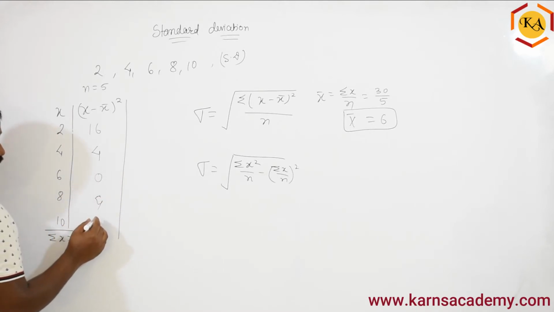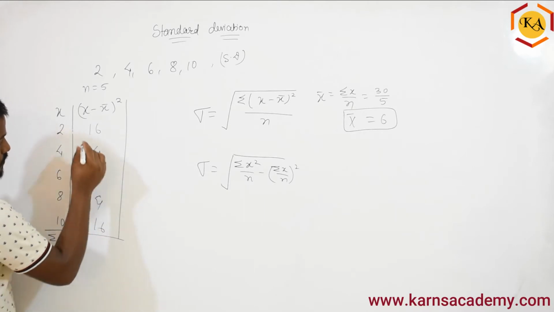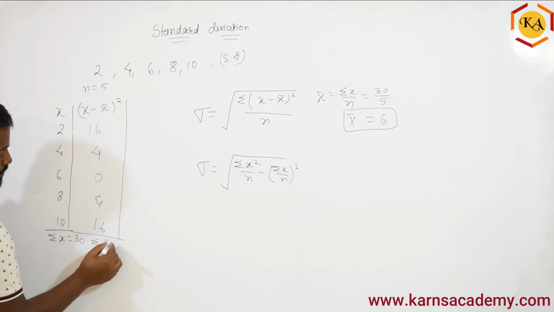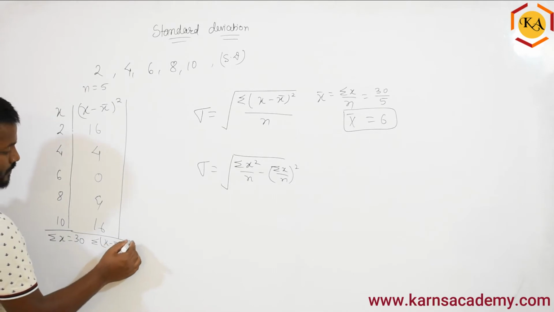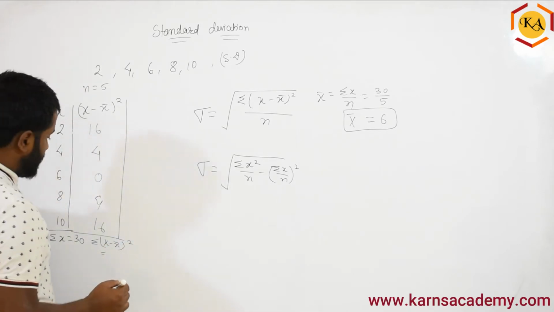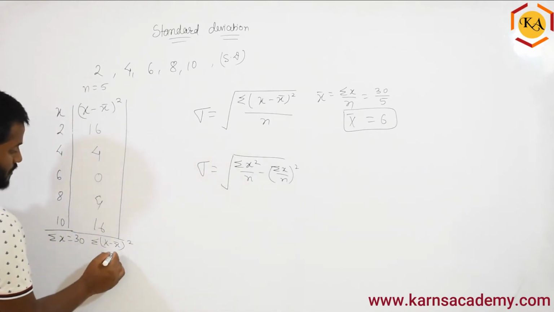And then 4 square is 16. If you add this, you will get summation (x minus x bar) the whole square, which is 16 plus 4 plus 0 plus 4 plus 16, that is 40.